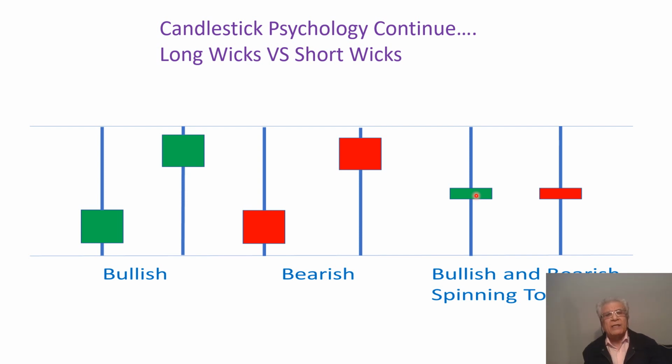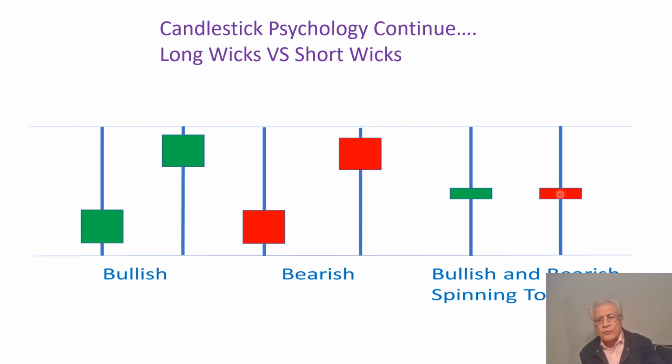So you are near a reversal in an uptrend and near a reversal in a downtrend. If you see this in a downtrend after a Marubozu, for example, a big bearish Marubozu, that means that the power of the Marubozu is finished and you are close to a reversal.